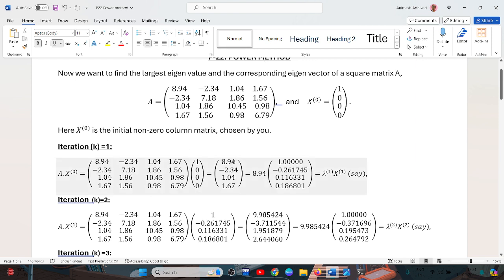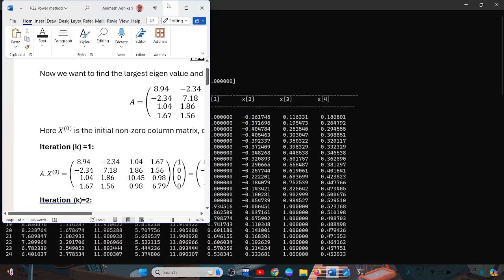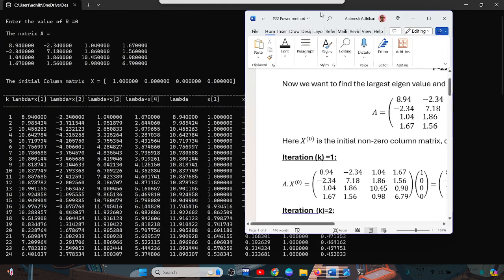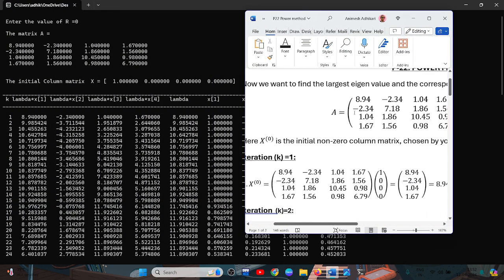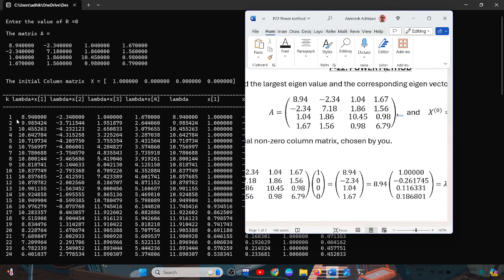We get 8.94, minus 2.34, this is lambda x2, 1.04, this is lambda x3, 1.67, this is lambda x4. The numerically largest value is called lambda, equal to 8.94, and we divide all these elements by 8.94.